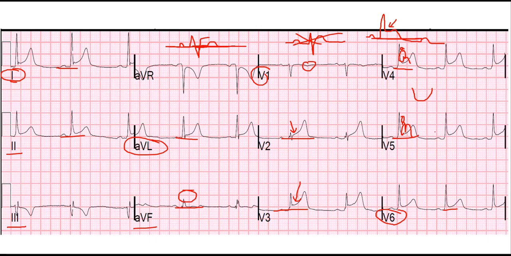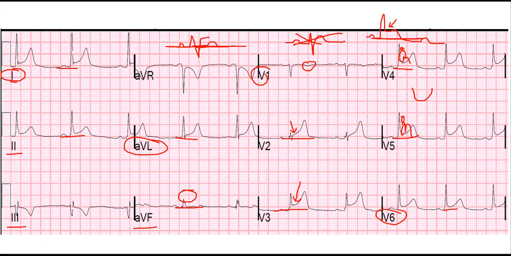There is another thing you can also remember. Sometimes you might not get this much prominent ST elevation like this. In that case, always remember, if a patient has got an anterior MI, so if the patient has ST elevation in V1, V2, V3, V4, in an anterior MI patient, you should get a reciprocal ST depression in inferior leads.